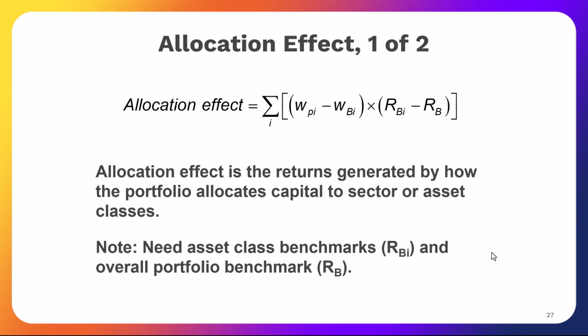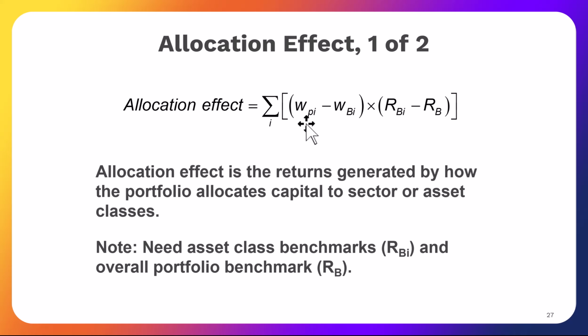What about the allocation effect? This is a little bit more complicated. Here we're looking at how the portfolio is invested across asset classes. So each asset class has a return associated with it, and then we break down our portfolio by those proportions.